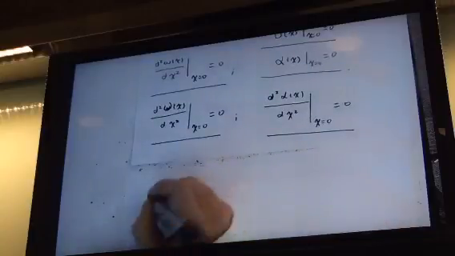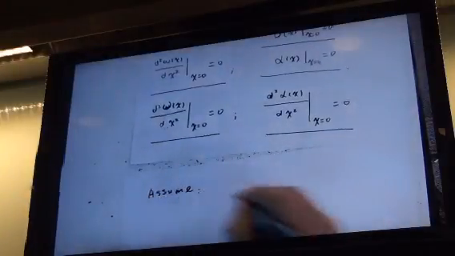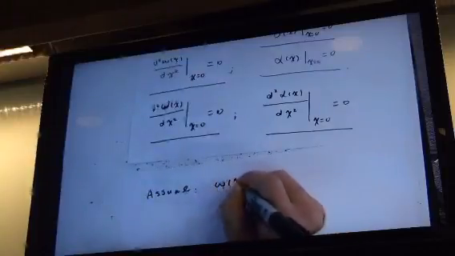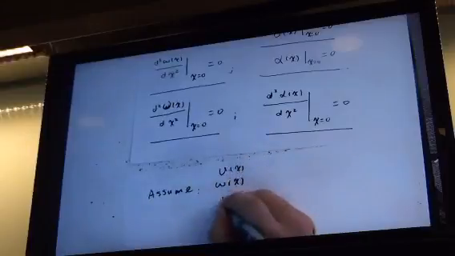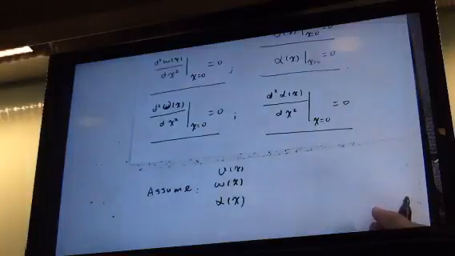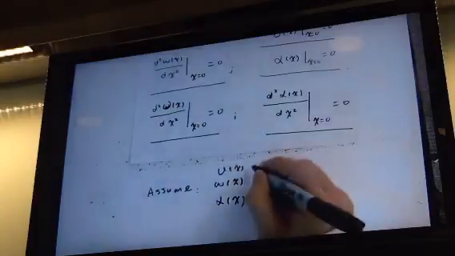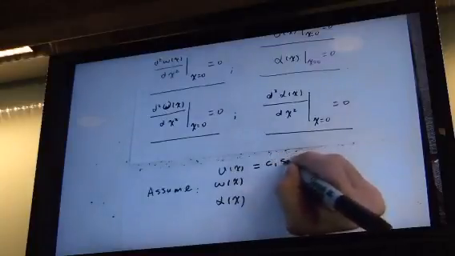So we assume W(x), V(x), and alpha(x), because all of the boundary conditions are written in terms of them. We need to assume some functional form such that these boundary conditions can be satisfied. So the most straightforward assumption is this one.